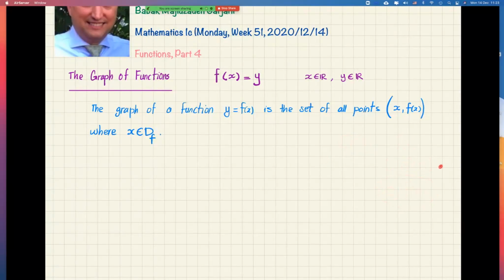I highlight these points on the coordinate system. After I have done this for all possible values of the domain, the picture that I get is the graph of the function. Of course, this is not practical because usually there are infinitely many numbers in the domain.